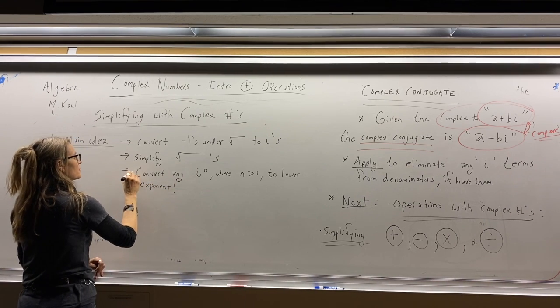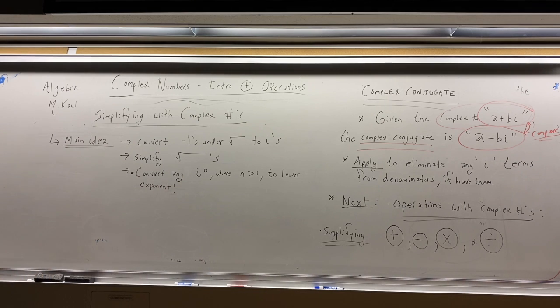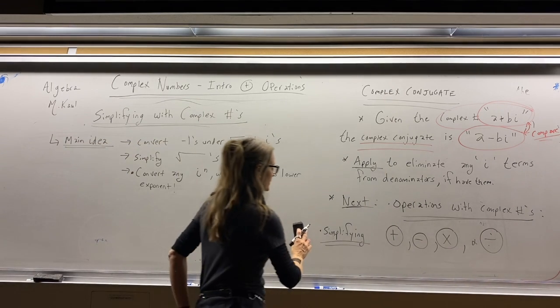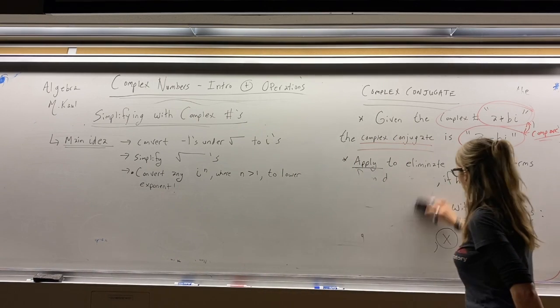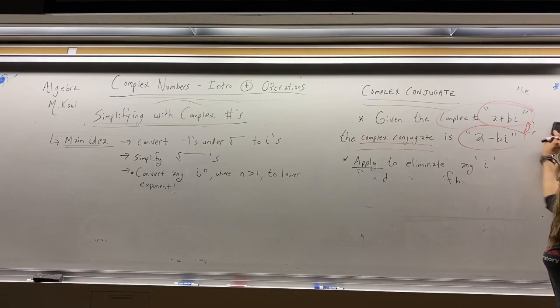Okay, so we're going to come back to this part right here. Those are going to be our main ideas in simplifying, and then we're going to go ahead and look at doing more with operations and simplifying. We're going to start simple, start out small.